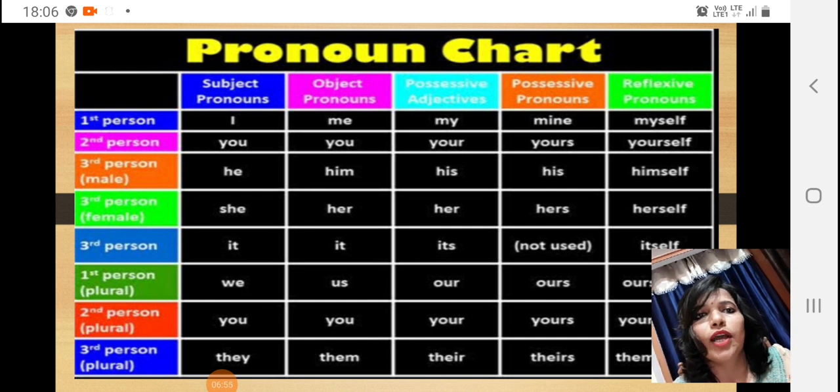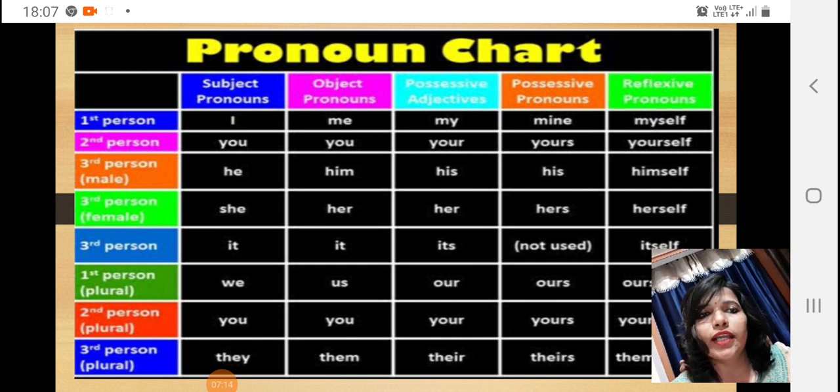For first person we use I, but in the object we use me. For second person you use you, which is similar in object and subject also. In third person, he will be changed into him, in the adjective it will be his, in the possessive pronoun it will be his again, and in the reflexive pronoun it will change into himself.